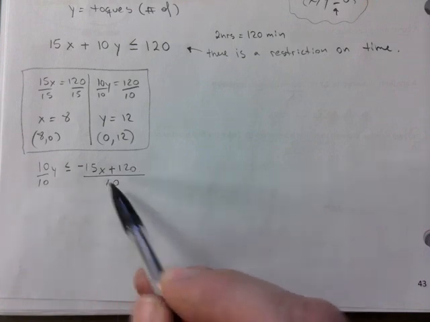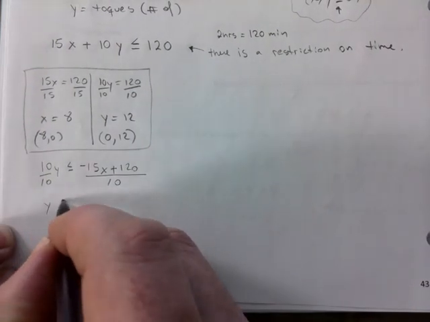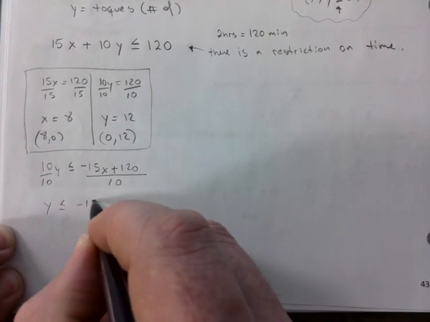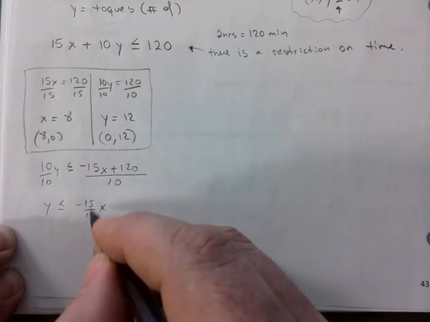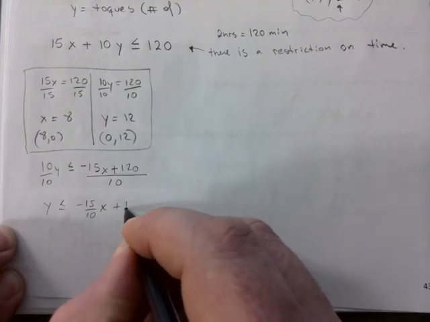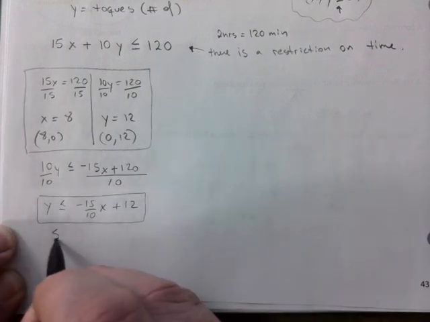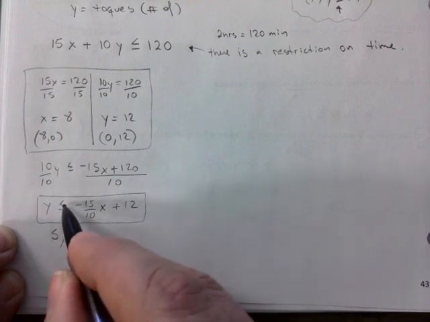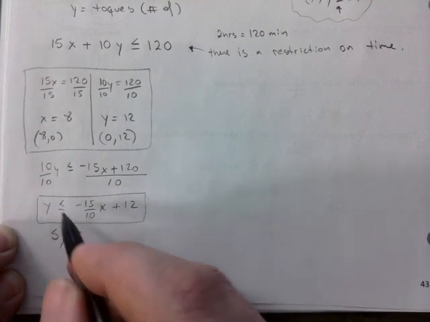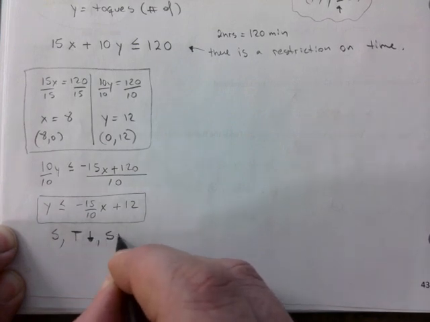A lot of students only divide the first one, not the second term. Way to go. That's negative 1.5x. The true region is where? Less than, so it's below. The true region is below, so we're shading above.